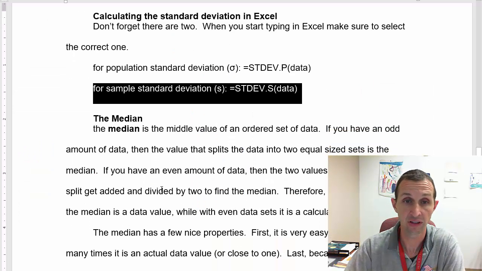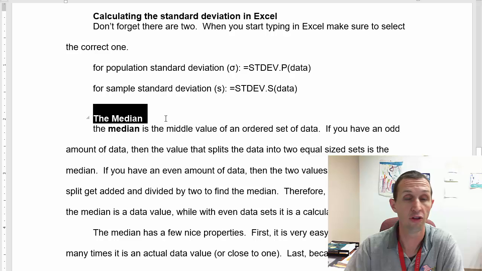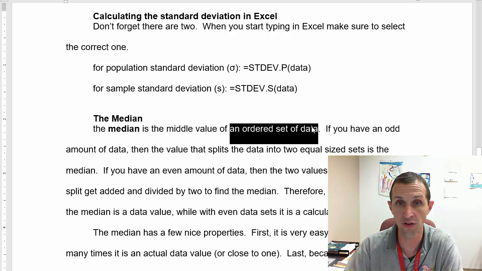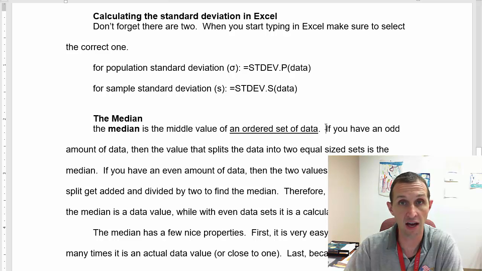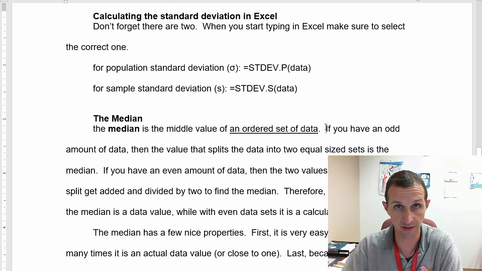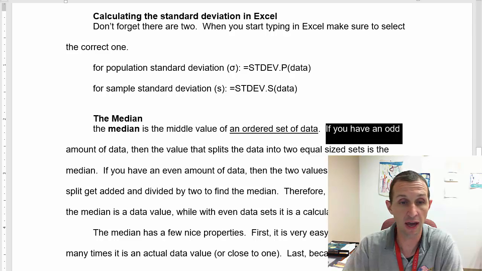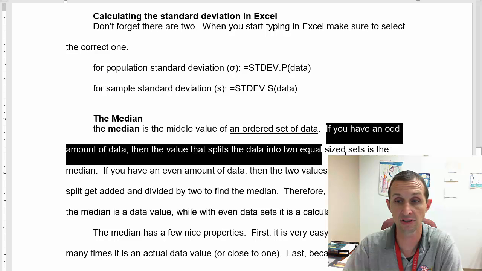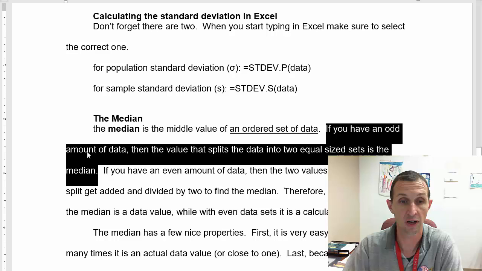All right? Now, this brings us to the median. And so the median is the middle value of an ordered set of data. And I want to underline this ordered set of data, right? Because if it's not in order, you're not calculating the median. So if you have an odd amount of data, then the value that splits the data into two equal size sets is the median, right?